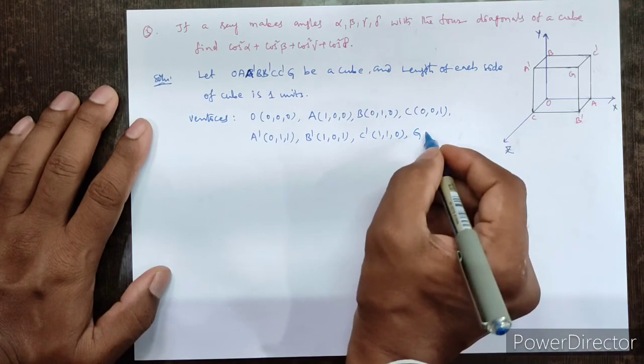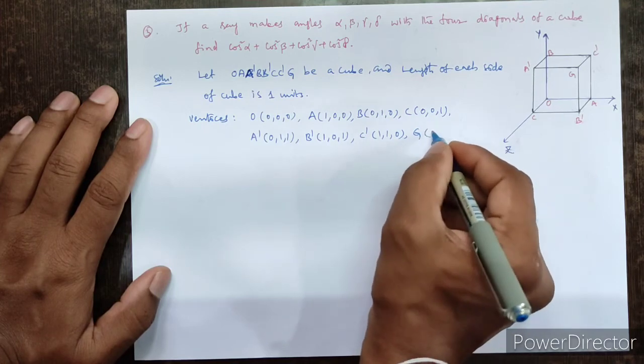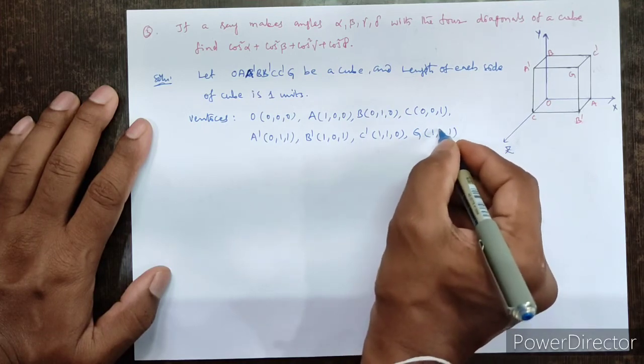G is on the xyz plane, therefore 1 comma 1 comma 1.